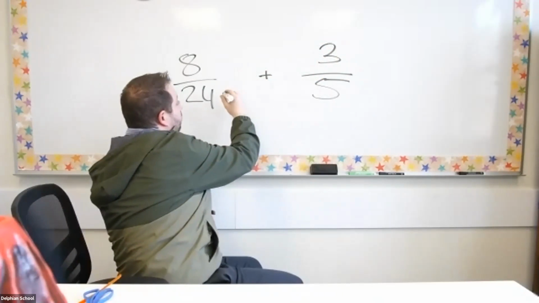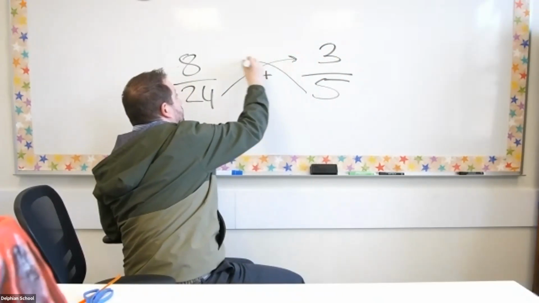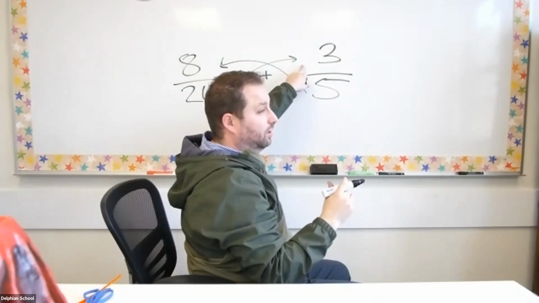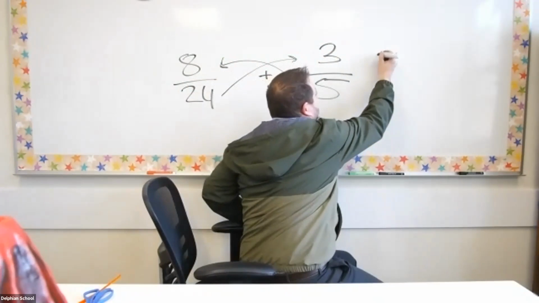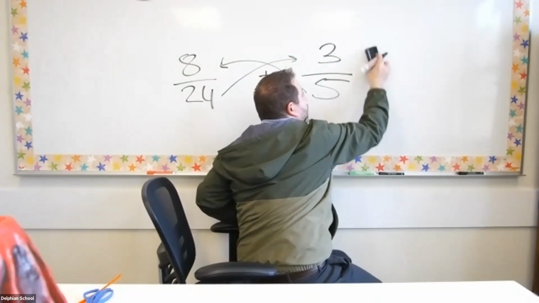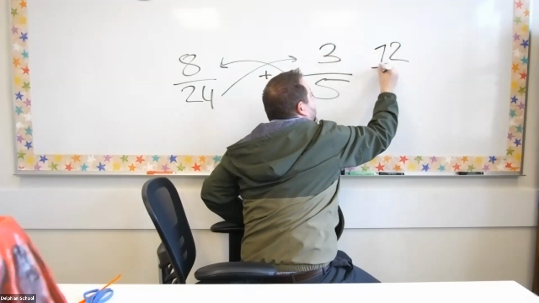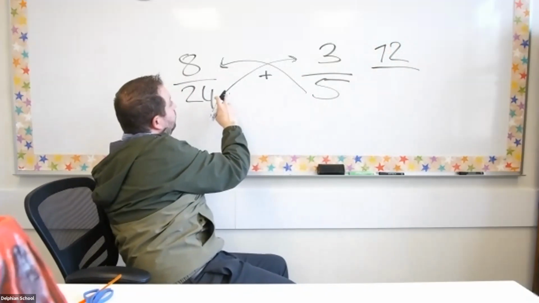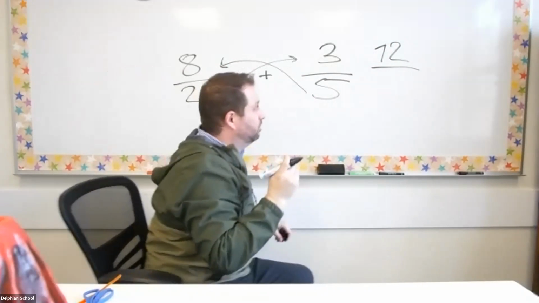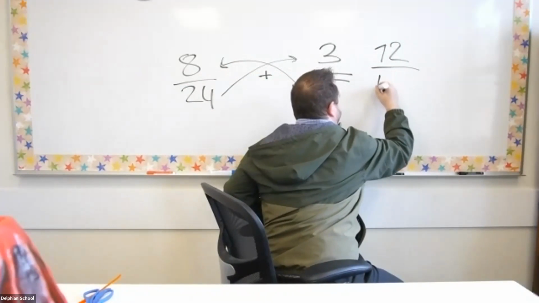But if I do my cross products, I'm going to multiply by those denominators. So I'm going to take 24 times 3, which off the top of my head is 72. James is going to check it on a calculator just to make sure. Yep. All right, good. And then because I did 24 times 3, I also have to do 24 times 5, which is 121. Is that right? 120. Oh, thank goodness James is checking my work.